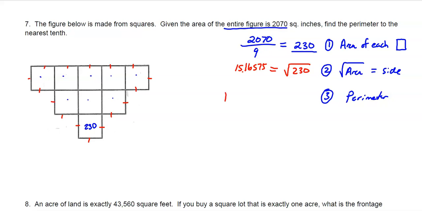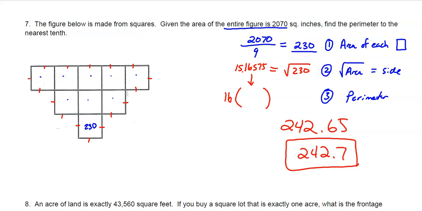So I basically need to do 16 times that number that's already sitting in my calculator. So times 16, I end up getting 242.65. We'll call it 242.7 if we round to the nearest tenth.